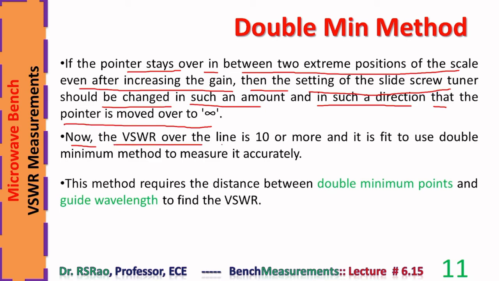Now the VSWR over the line is 10 or more, and it is fit to use for the double minimum method to measure SWR accurately. This method requires the distance between double minimum points and the guide wavelength.